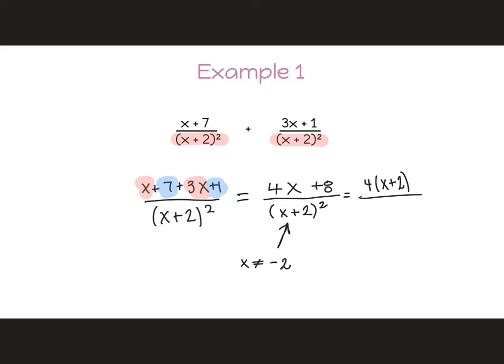If I rewrote the denominator, I could write (x+2)² as (x+2) times (x+2). And if you notice from simplifying, one of these x+2's would cancel out, and I would really be left with 4 over x+2. Again, the restriction would be that x cannot equal negative 2.